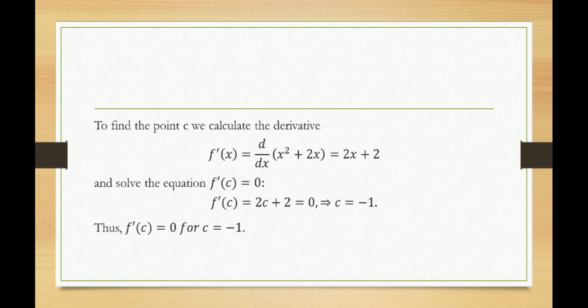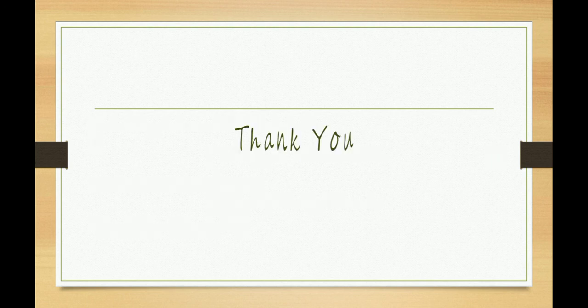Find the value of c: c = -1. c = -1 lies in the interval (-2, 0). Thus f'(c) = 0 for c = -1. So -1 lies in that interval. Therefore, Rolle's theorem is satisfied here.